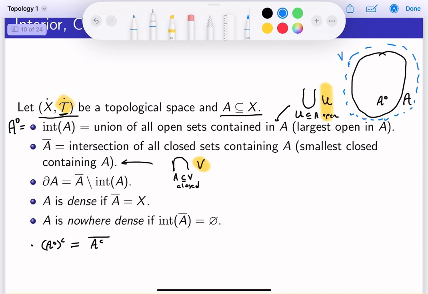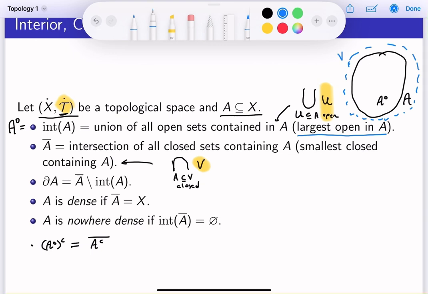Okay. Two important notes here. The interior of a set is going to be the largest open set contained in A, right? So this is an important thing to observe. Since I'm unioning up all the open sets in A, this is going to be the largest open set in A. Of course, why is that?